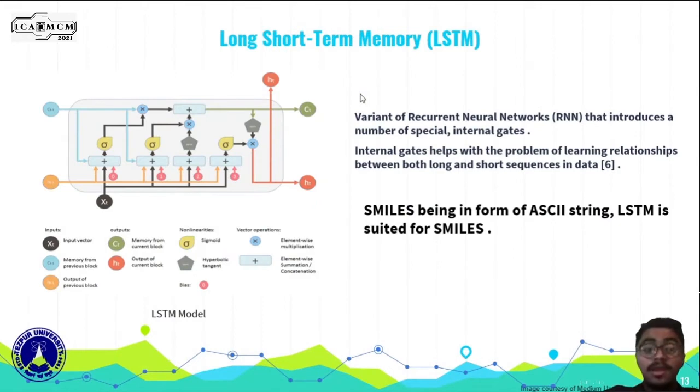Our model is based on LSTM, or long short-term memory, which is one of the most popular recurrent neural network architectures used in natural language processing. The selling point of LSTM is its ability to store information which can be used to facilitate future predictions. As discussed, since SMILES is in the form of ASCII strings, LSTM is a suitable architecture for the nature of our dataset.